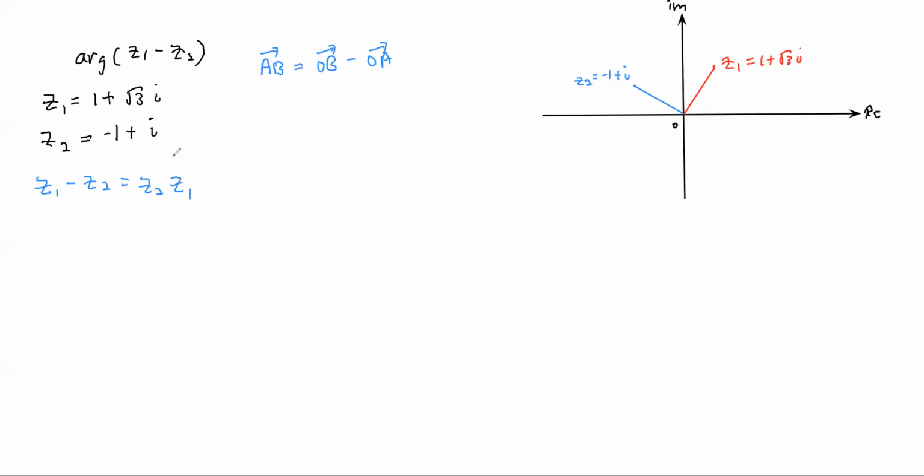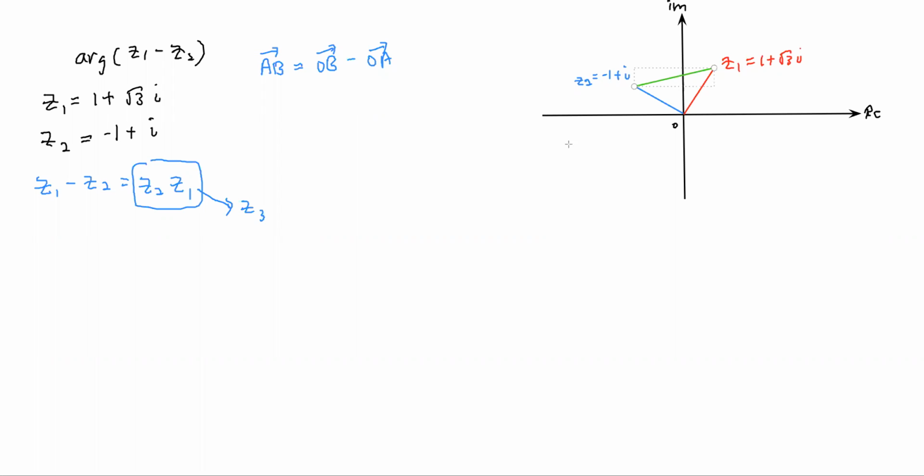If you want, we can call this Z3. So how does Z3 look? In vector terms, Z2 to Z1 would be from Z2 to Z1, so it'll be this straight line here.